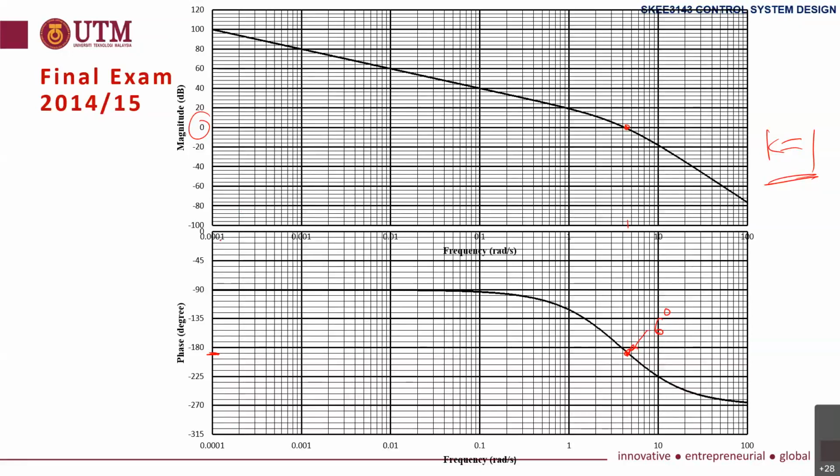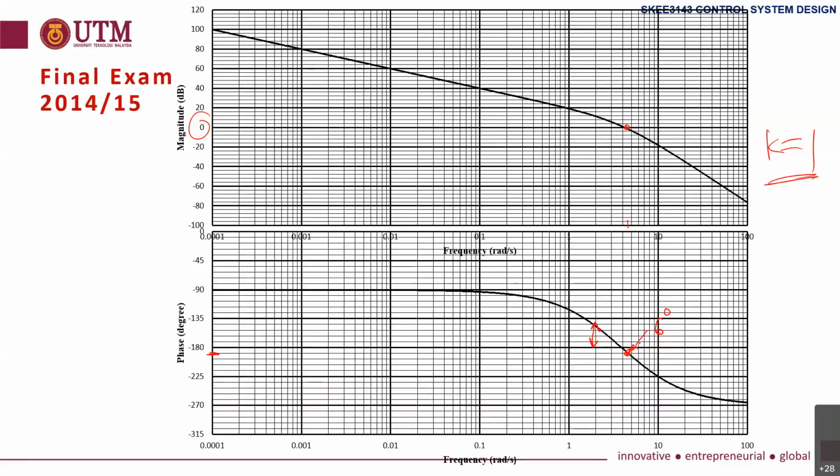One box here is actually 9 degrees. Usually the phase margin is measured from the phase to 180 degrees, but now it is more than 180 degrees.